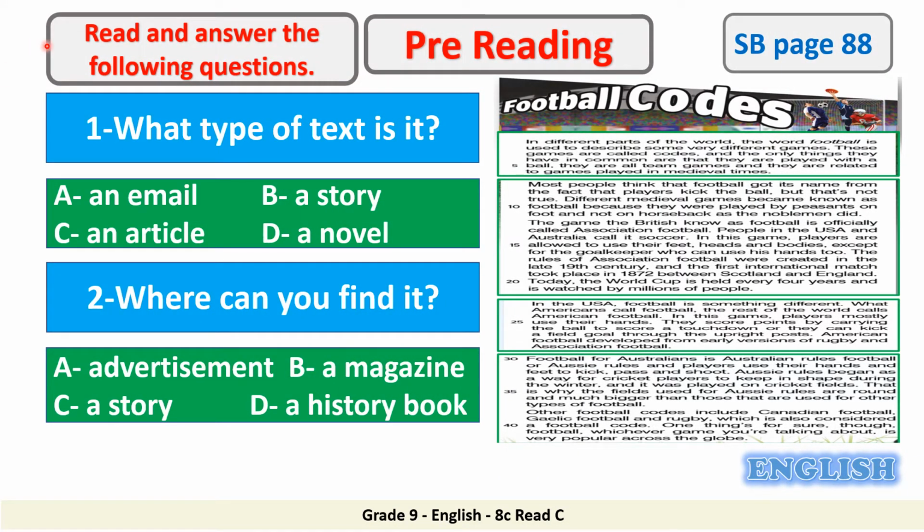Read and answer the following questions. You can stop the video, answer the questions, then check your answers. Question number 1. What type of text is it? An email, a story, an article, a novel?